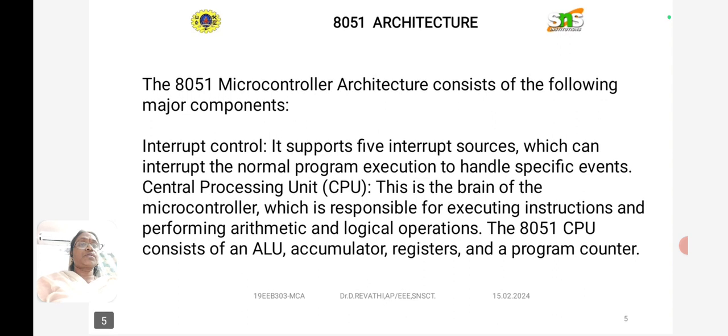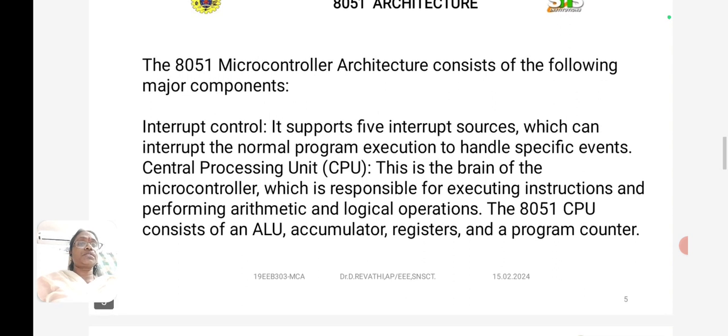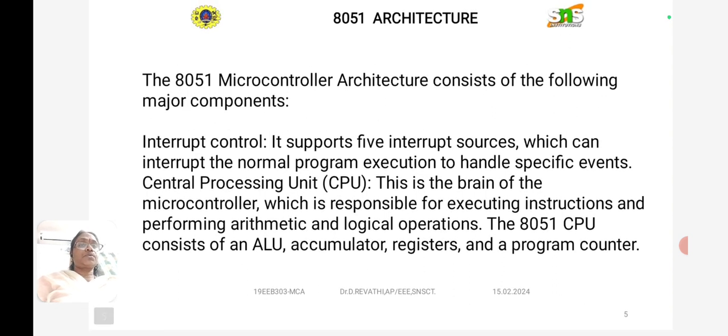And the microcontroller architecture consists of the following major components. One is interrupt control. It supports 5 interrupt sources which can interrupt normal program execution to handle specific events. Central processing unit: this is the brain of the microcontroller, which is responsible for executing instructions and performing arithmetic and logical operations.